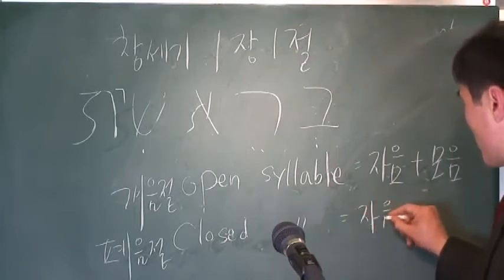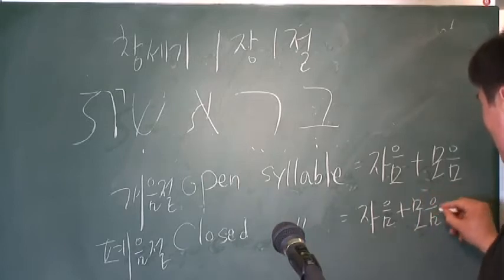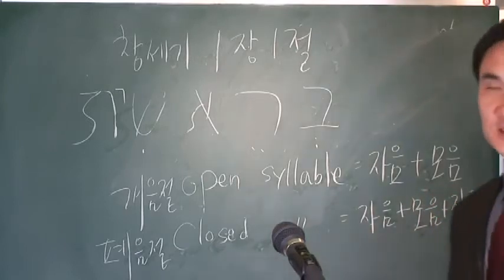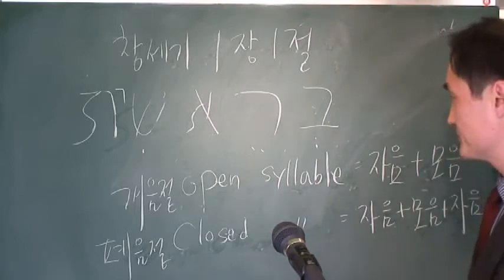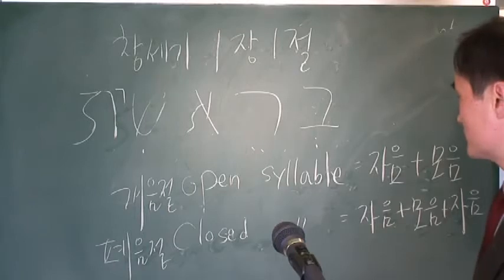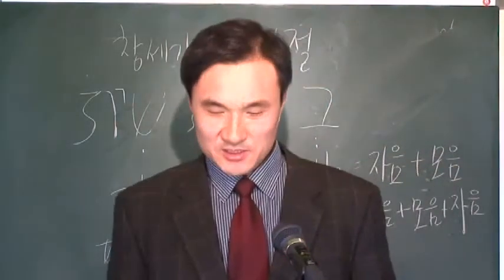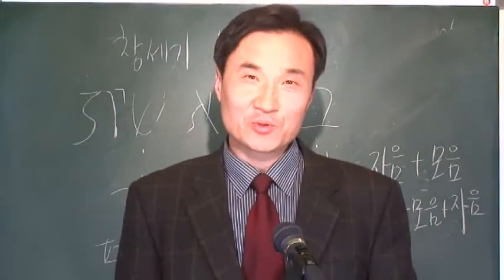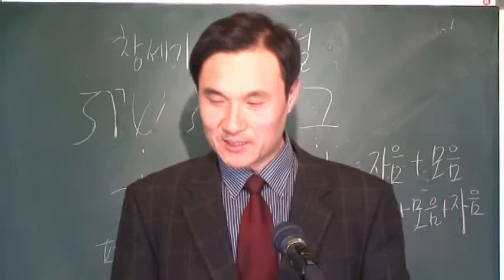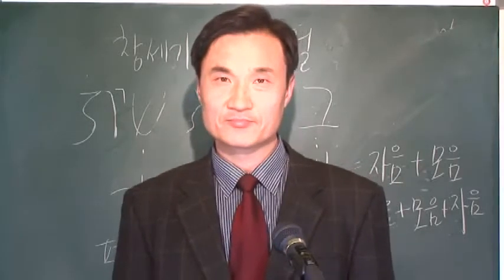The closed syllable is made up of a consonant, a vowel, and another consonant. Please remember that in Hebrew, a syllable always begins with a consonant.